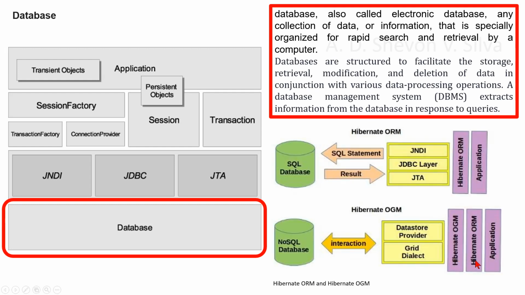Here you can see Hibernate ORM and Hibernate OGM. If you take MongoDB as a NoSQL database here, MongoDB does not require following ACID properties, and hence does not support the transaction.